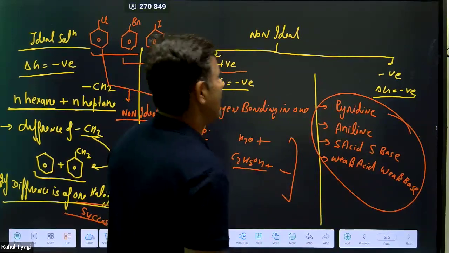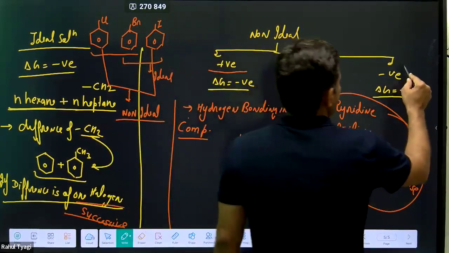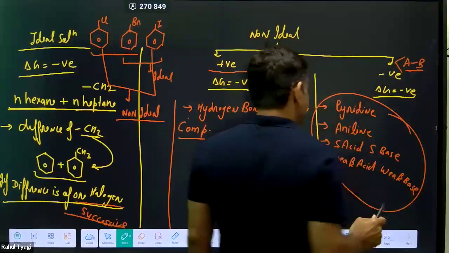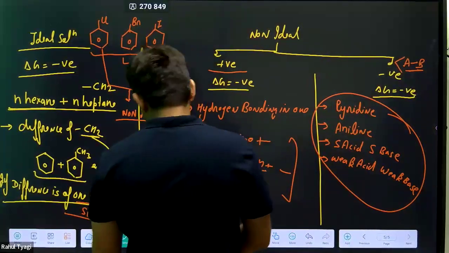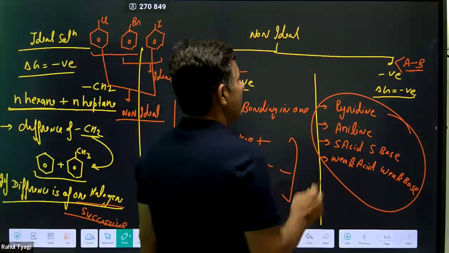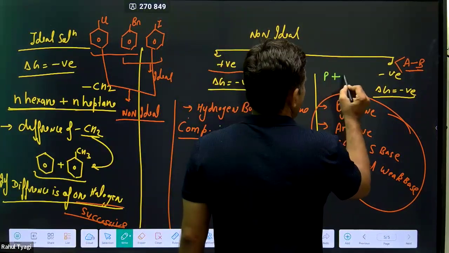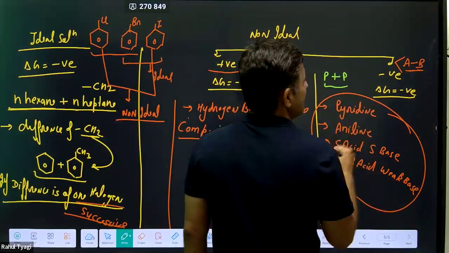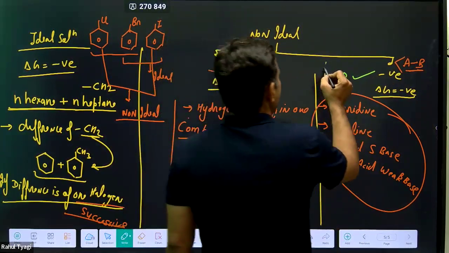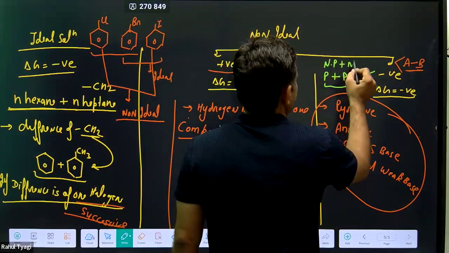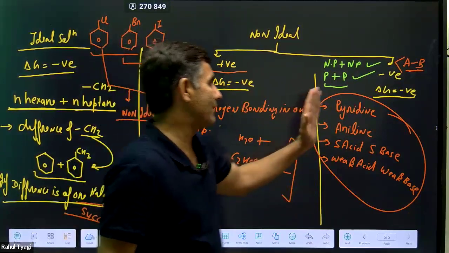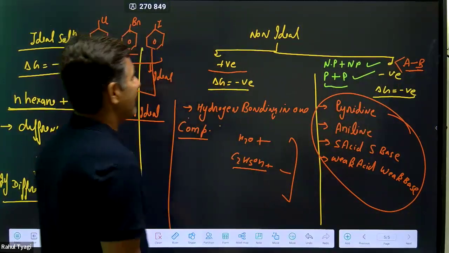One more thing: in negative deviation, the AB bond is stronger. It means if both are polar plus polar, they will interact with each other and form the negative deviation. If non-polar plus non-polar, they also interact with each other and form the negative deviation.